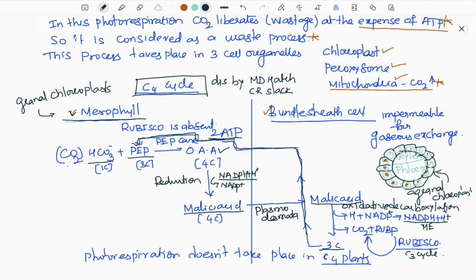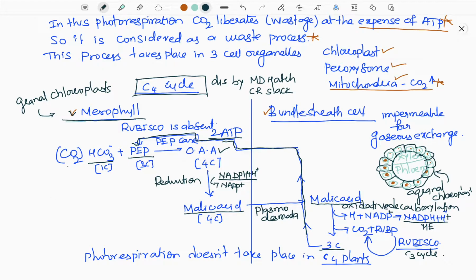So total here for 6 carbon dioxide. Why do we take 6 carbon dioxide? To form one hexose molecule, the Calvin cycle has to take place 6 times. So for the occurrence of 6 Calvin cycles, 6 twos are 12 ATP molecules consumed extra.